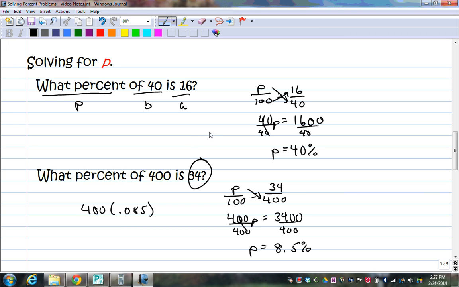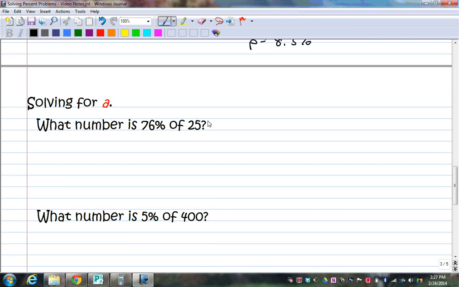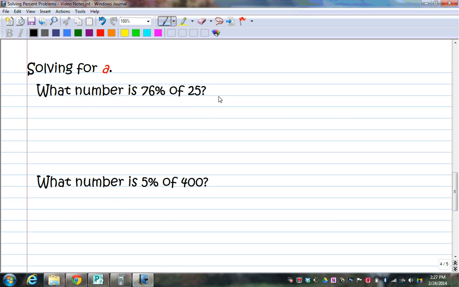Let's solve for something other than P. How about A? All right, for this one, it starts out by saying what number is 76% of 25. So when it starts out with what number, that doesn't necessarily give anything away, but this right here gives away that percent was given to you. So we have 76 over 100. Okay, there's our percent as a fraction.